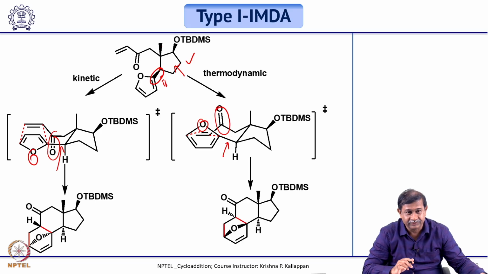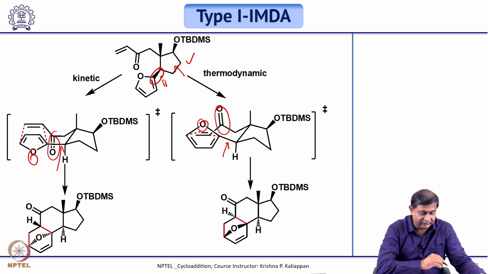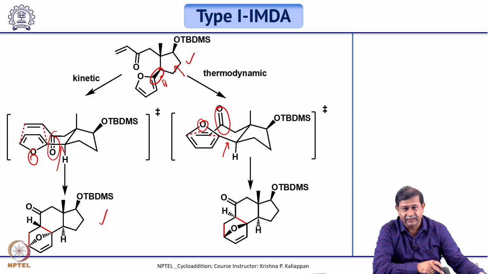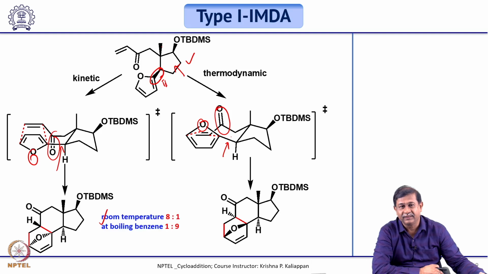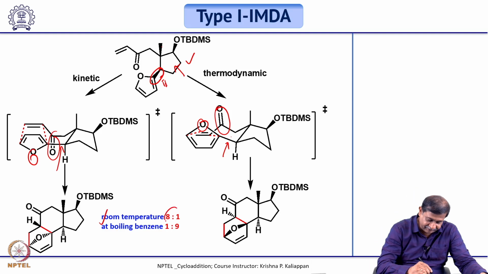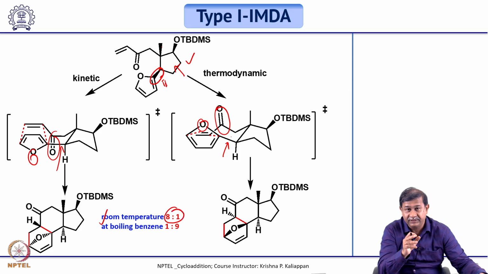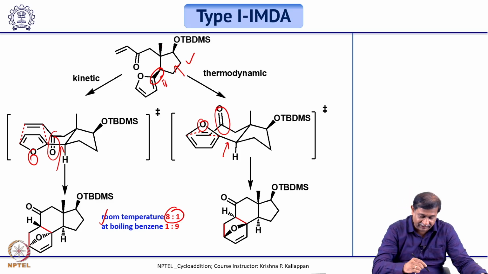So upon heating, you get this as the major product. This is the endo product and this is the exo product. At room temperature, that is at lower temperature, as you know, the kinetic endo product will be formed in higher quantity. So that is what happens.